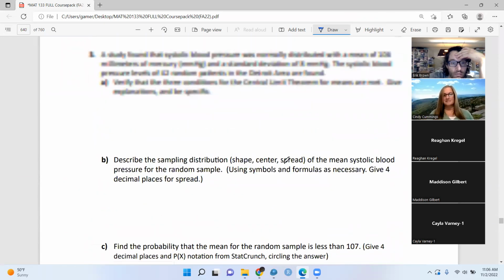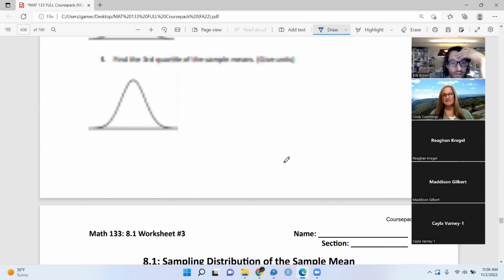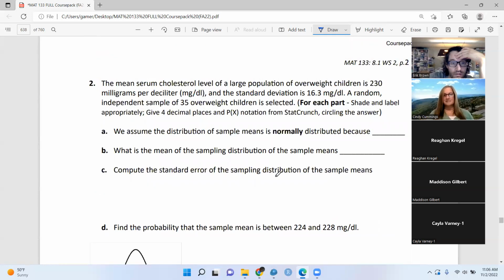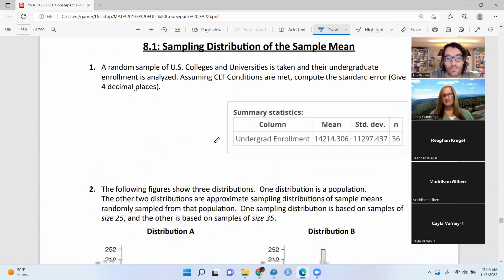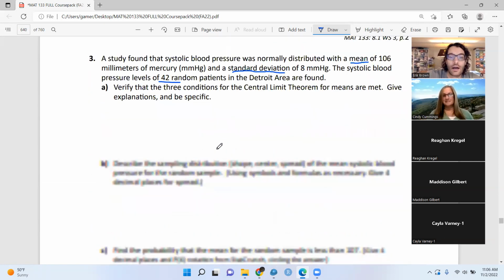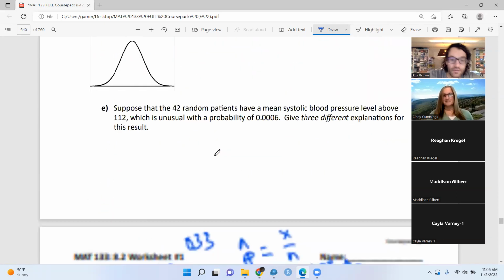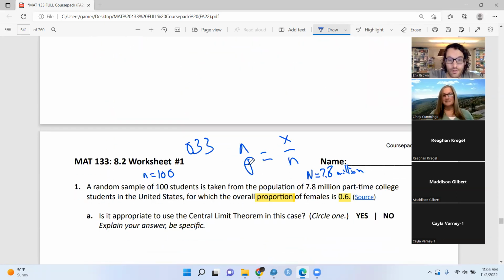Let's find one more question. Here's another one. Again, the word mean and standard deviation, and then sample size. So that's your key. If it says a mean and a standard deviation, you know you're working with the mean. If it says a percent, a proportion, an amount out of the number given, out of the total, then you know you're working with the proportion.